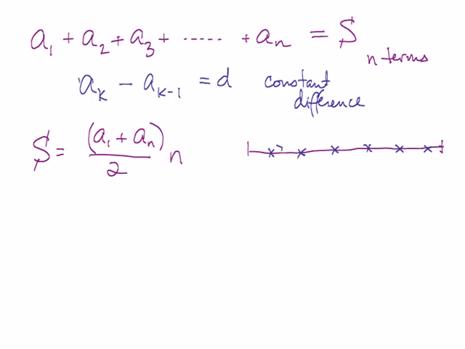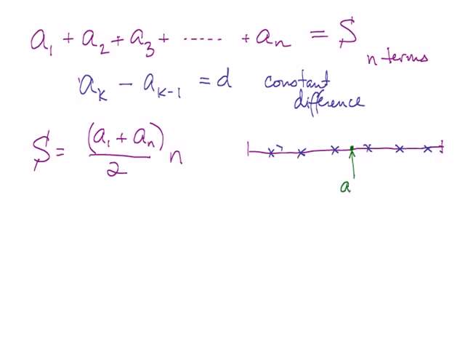Okay? Now, what I'm about to say is true for any series. It doesn't have to be arithmetic. You can look at it as you're going to take the number of points and multiply it by the average value of the points, and you will get the sum. So the average of this one is right here in the middle.